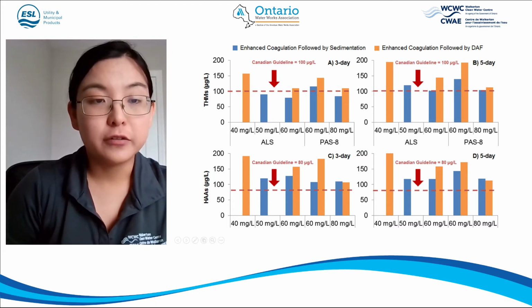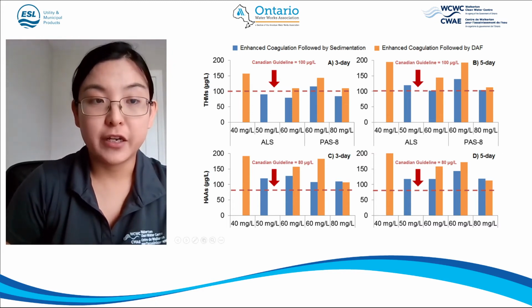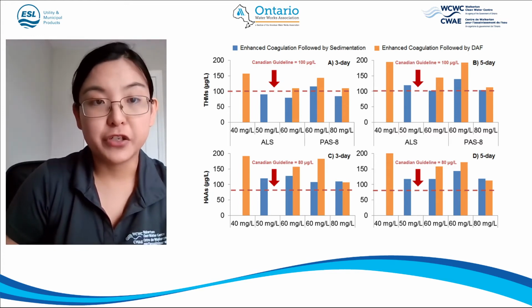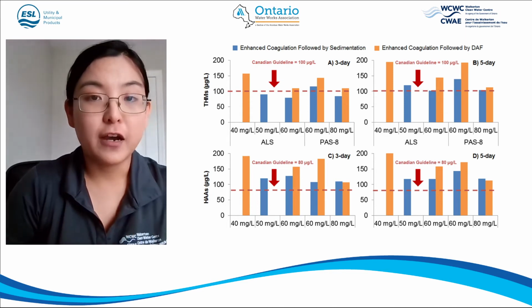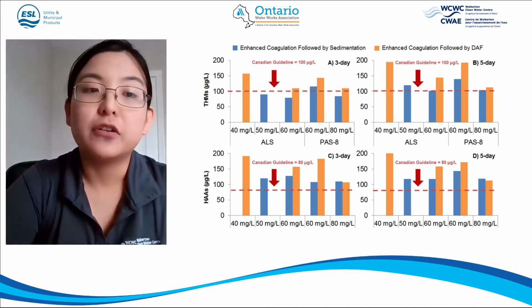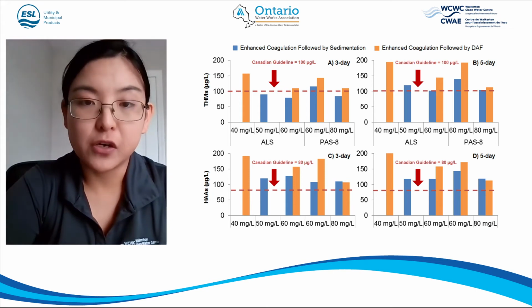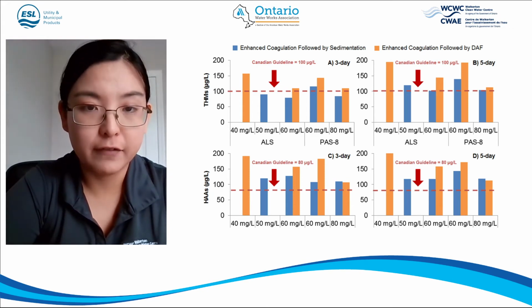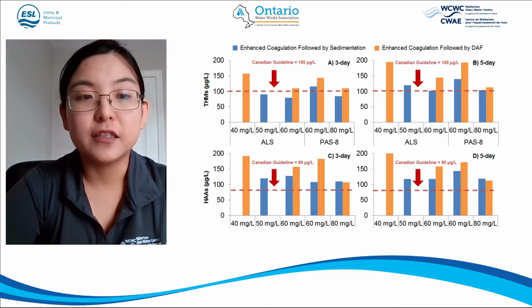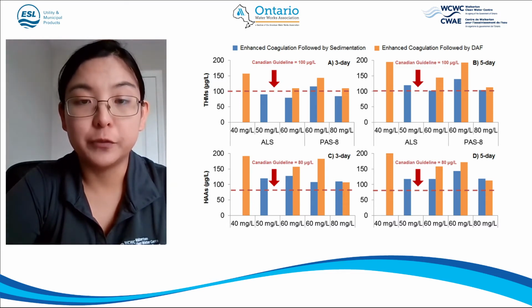And also the TCHM and HAA formation increased over time. So the TCHM and HAA values are higher after 5 days than after 3 days. And also all of the HAA values we got were higher than the MAC value, unfortunately. But as I said just now, this is the indication of a worst case scenario.